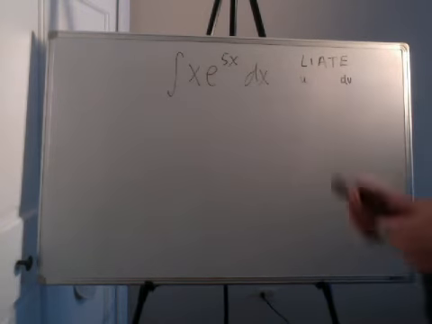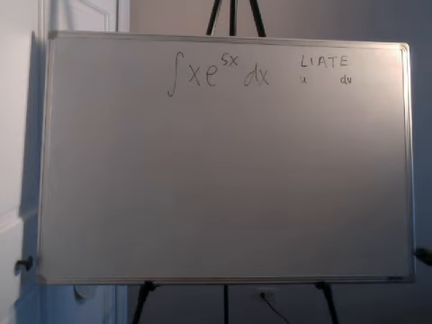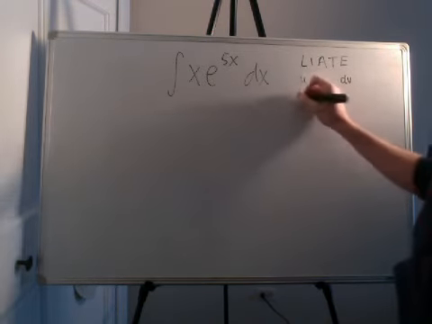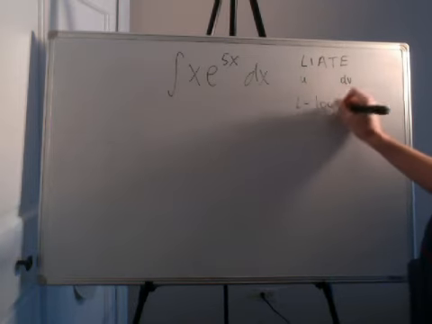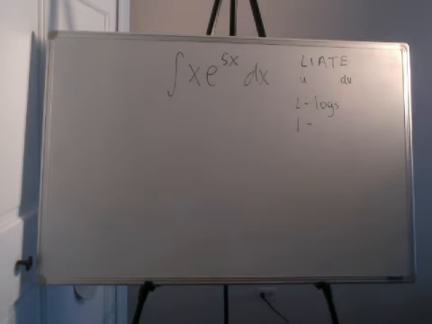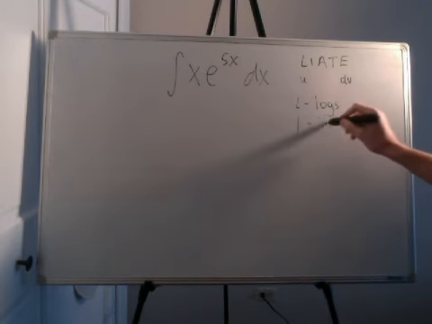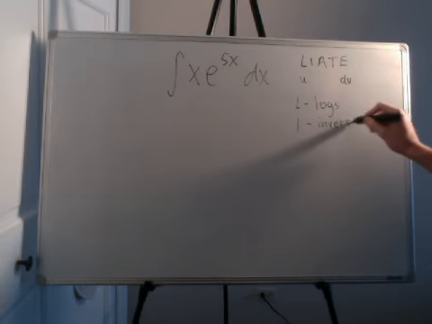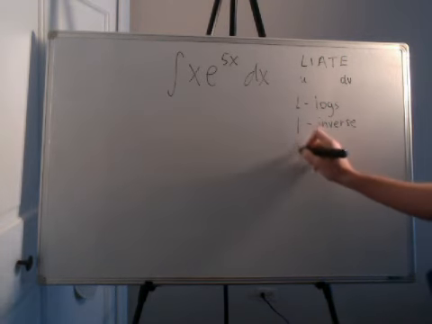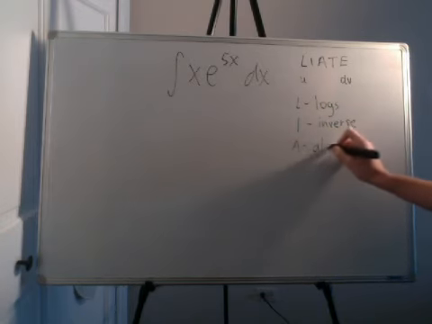L stands for logarithms, if that's a natural log or any type of logarithm. I stands for inverse functions, so that would be if you had inverse trig or things like that. A stands for algebra, or algebraic things.